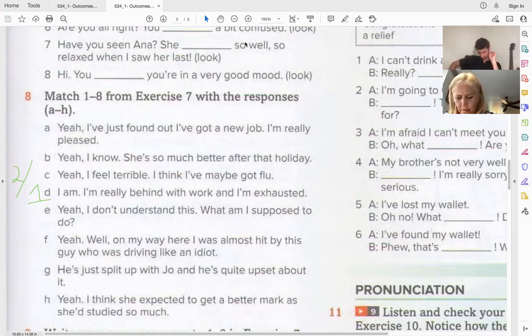Probably A. If someone looks like a ghost, they are not happy. They have no color in the face.